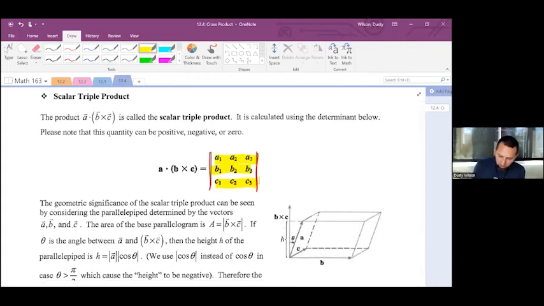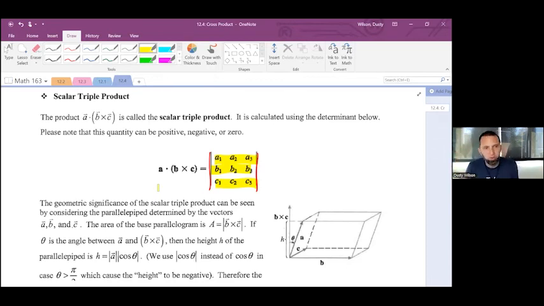Why would that be? That would be because when you find the cross product, that would give you the B and C rows with i's, j's, and k's, and then we would multiply by A. So the first component would multiply by the i stuff in B cross C, the second component of A would multiply by the j stuff in B cross C, the third component of A would multiply by the k stuff in B cross C. And so the A1, A2, and A3 are sort of taking the place of the i's, j's, and k's in that cross product.